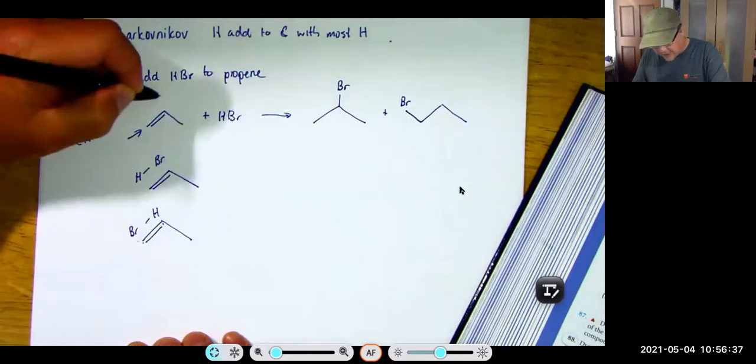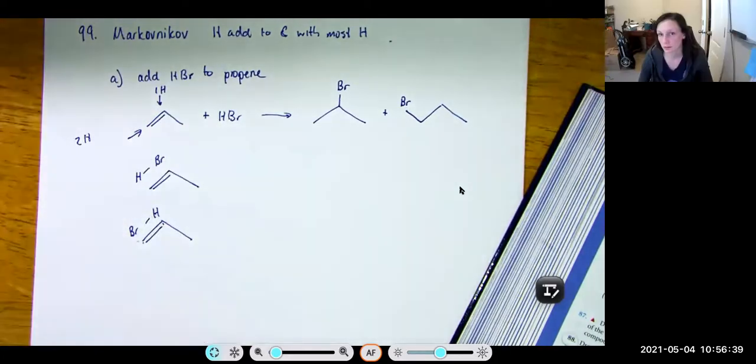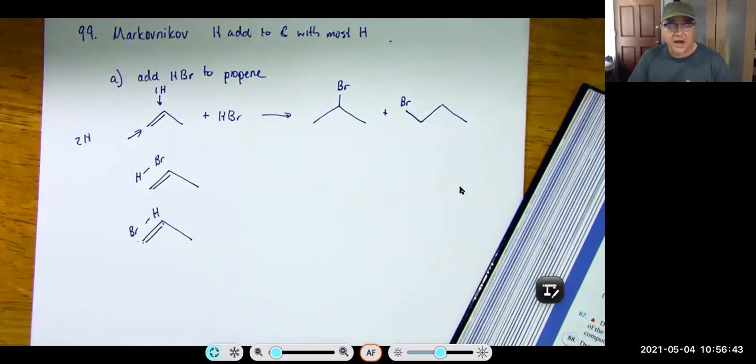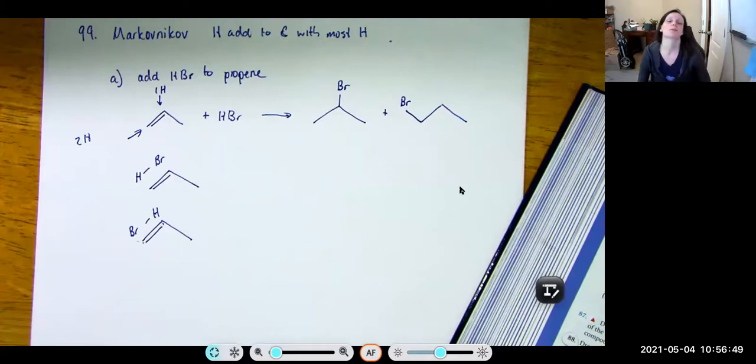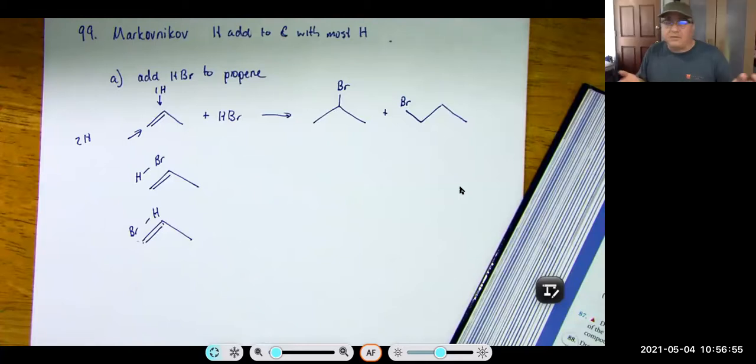This has one hydrogen, right? Yeah. Okay, so the hydrogen goes to the carbon with the most hydrogens. I was getting it mixed up, thinking we add the bromine to the one with the most hydrogens. Nope. The way to think about it is the hydrogen wants to be with his buddies. Right. And the biggest amount of buddies, because it's a better party with more people.